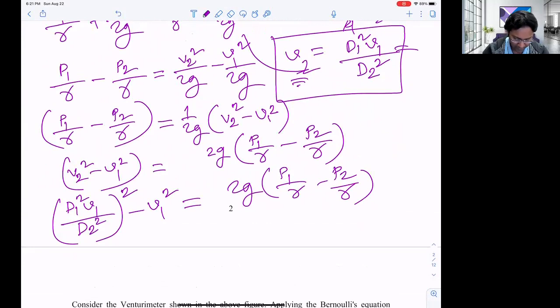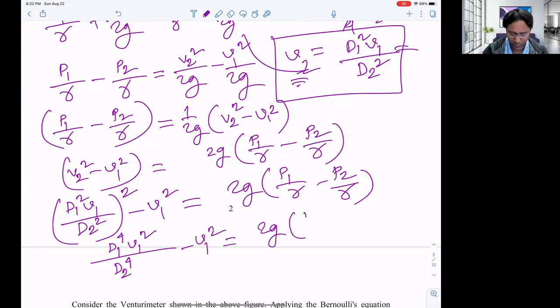Then we can write d1 to the power 4 v1 squared, and then d2 to the power 4 minus v1 squared is equal to twice g, p1 over gamma minus p2 over gamma, right?